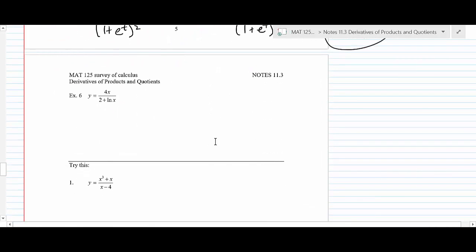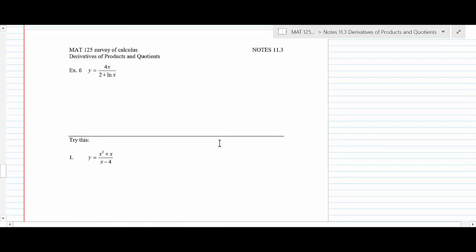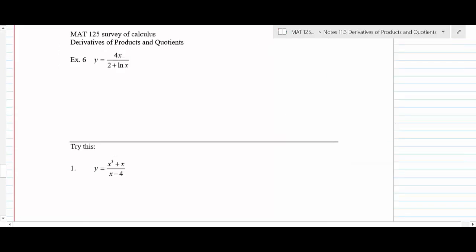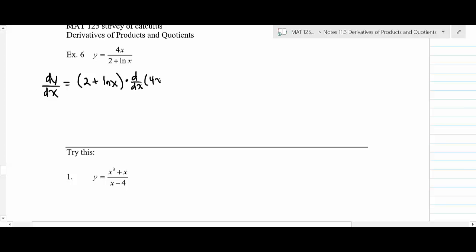Okay, I'm going to do one more, and then I'll give you a little time to try one. This one you're going to have to use the quotient rule on. So just start by setting it up. I do the bottom, then times the derivative of the top. Then it's always a subtraction sign, then backwards.